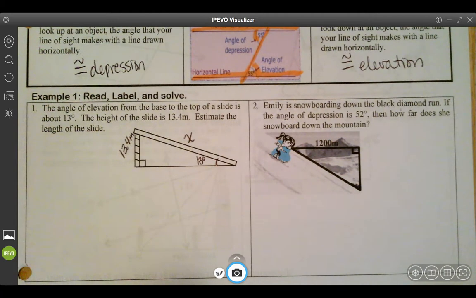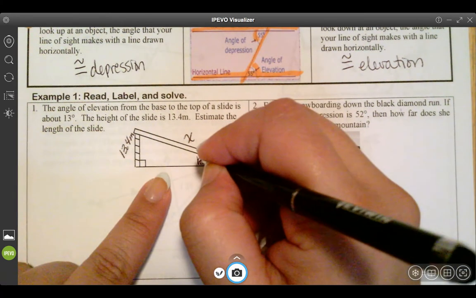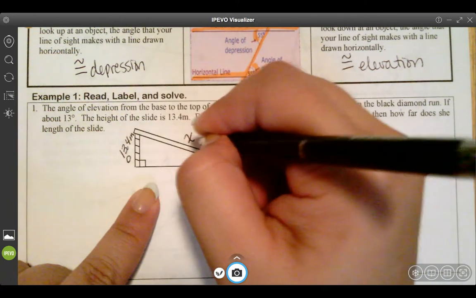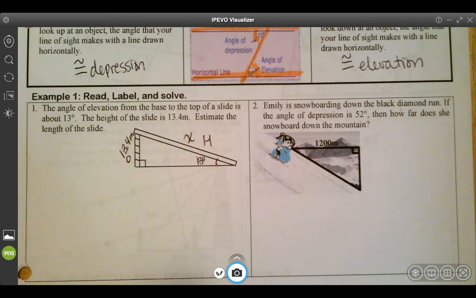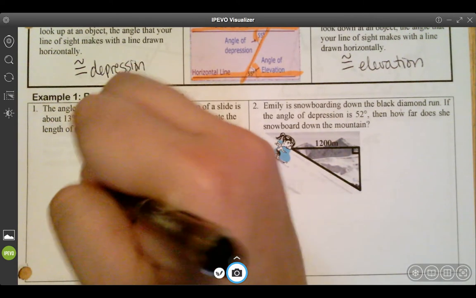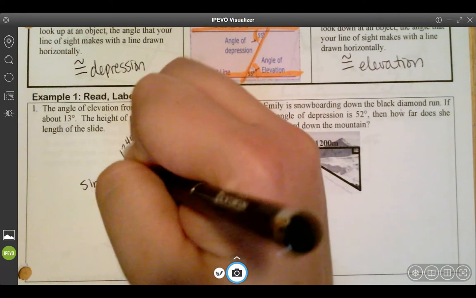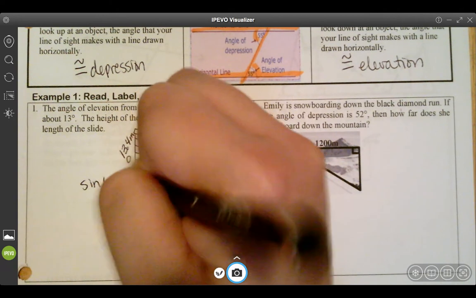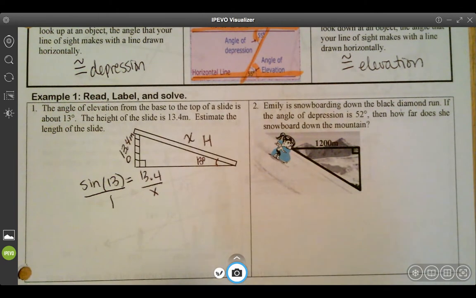So here we have a right triangle with one angle and one side length. It tells me we need trigonometry. And so we're using opposite and hypotenuse, that tells me we need sine. So sine of 13 degrees equals 13.4 over x. Use our proportion trick.